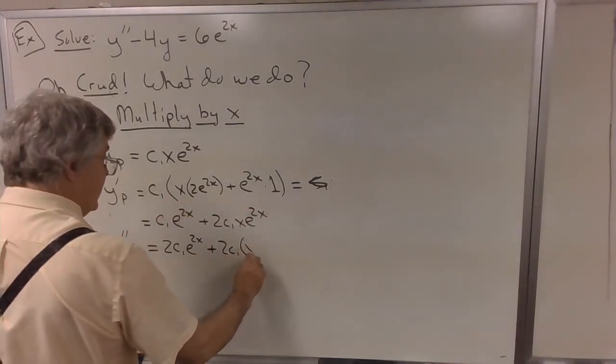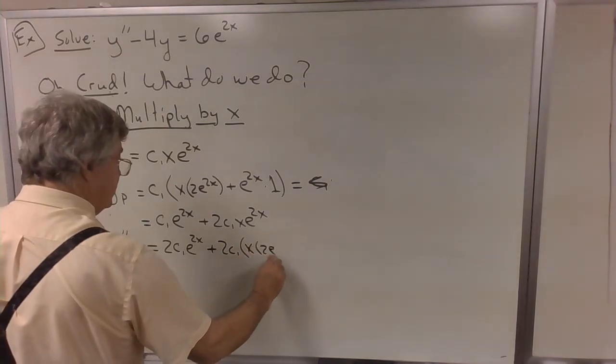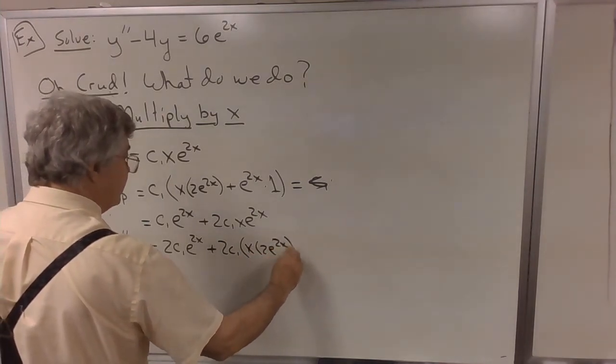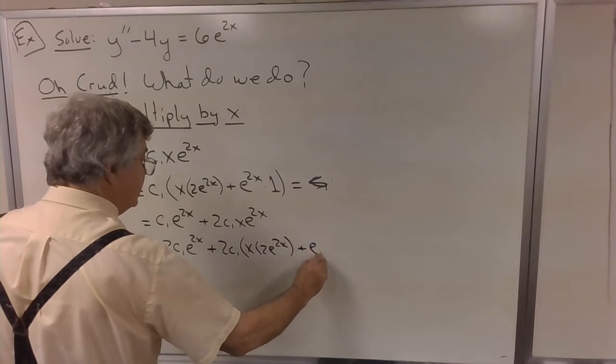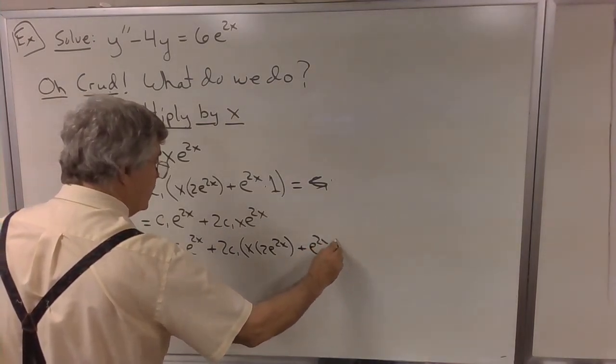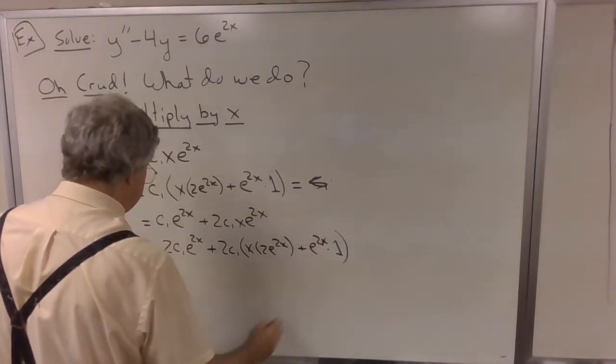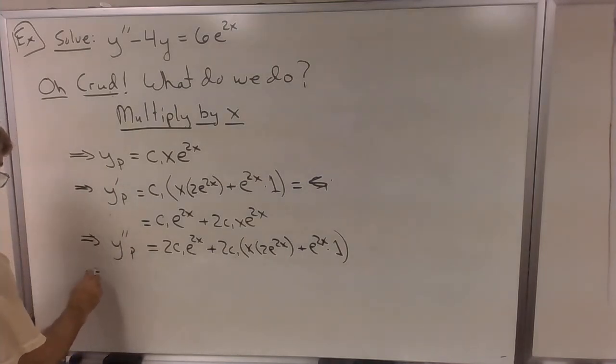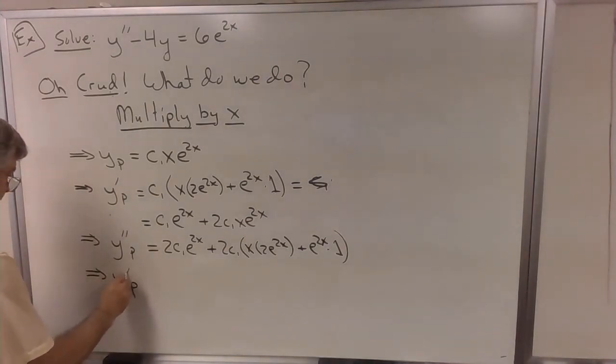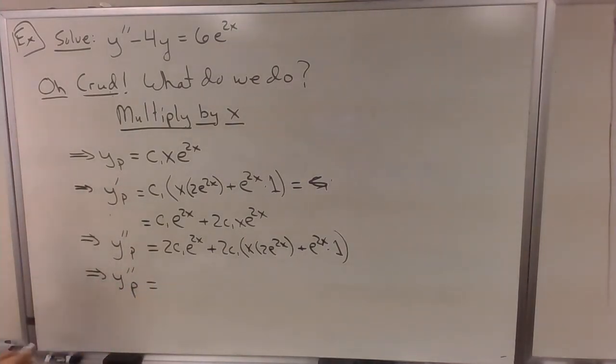We're going to get x times 2e to the 2x plus e to the 2x times 1, okay.